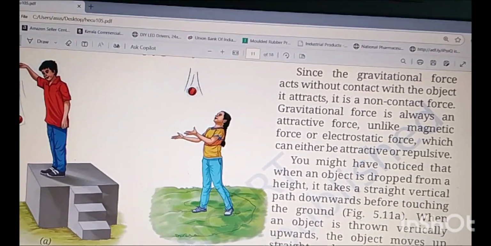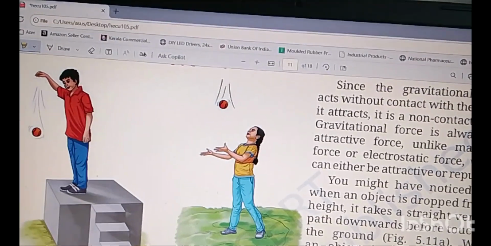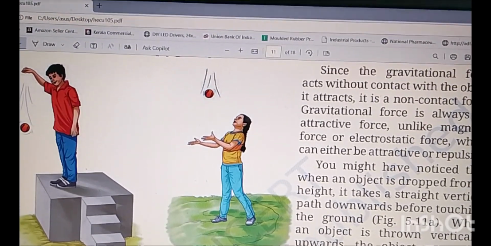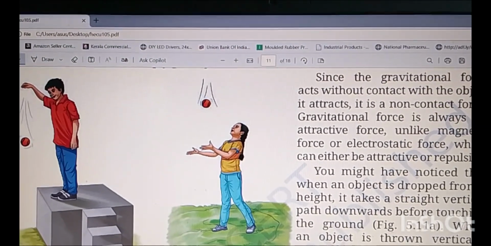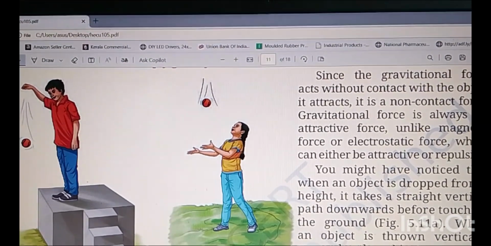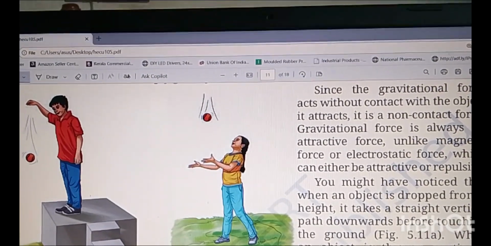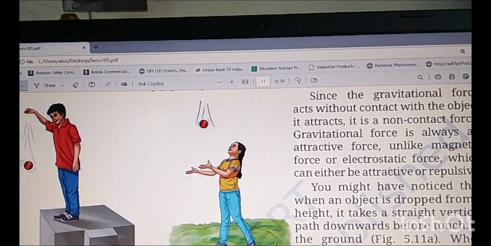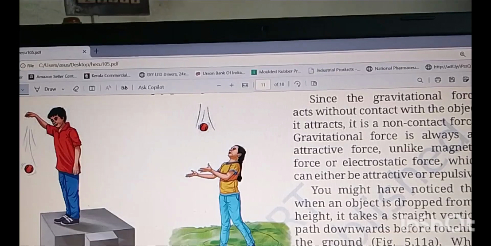Here, in this image, firstly the boy is dropping the ball. We can see that when an object is dropped, it comes vertically downwards at a much faster rate. But in the second case, throwing an object vertically upwards, initially as this ball is thrown up, it is against the gravitational force, so it will go slowly.